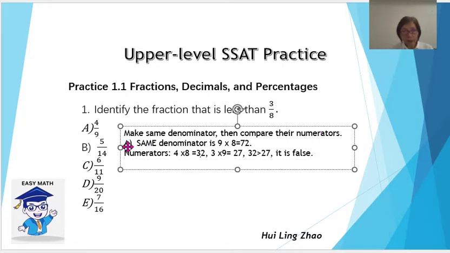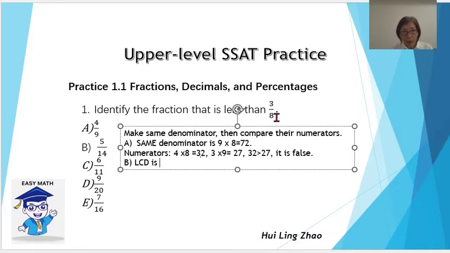Choice A is false. And we try choice B. In B, the denominator is 14. Here is 8. So this is the lowest common denominator, the LCD. The LCD is, because 14 is equal to 2 times 7, right?